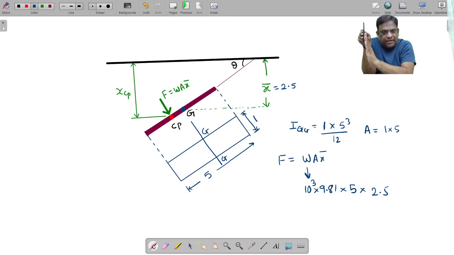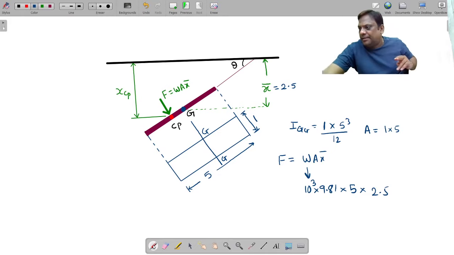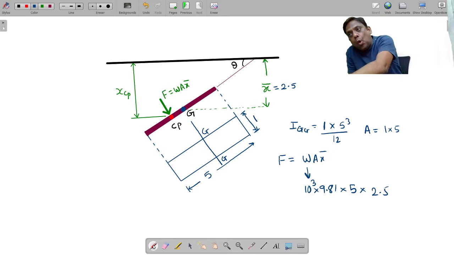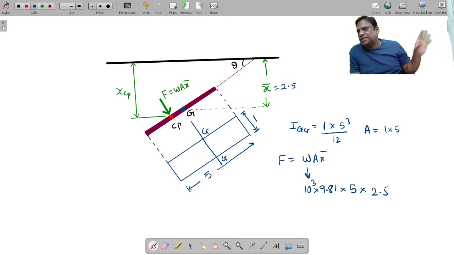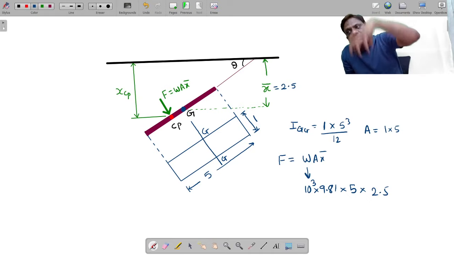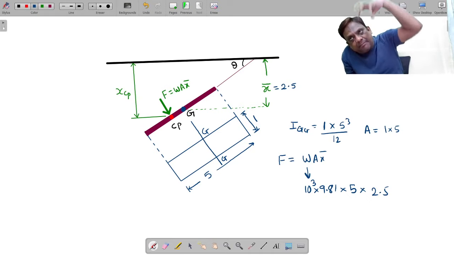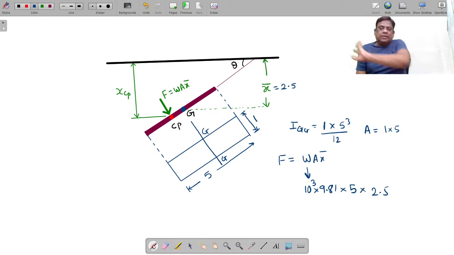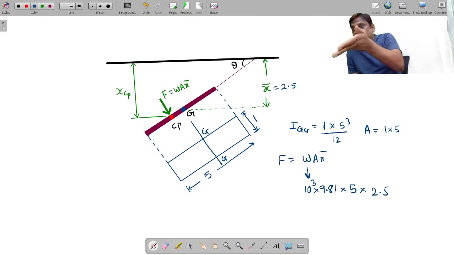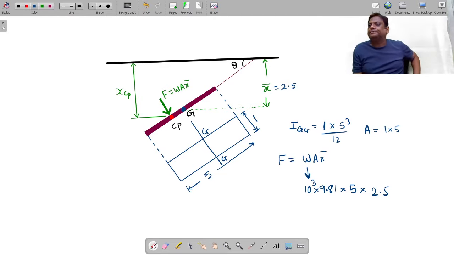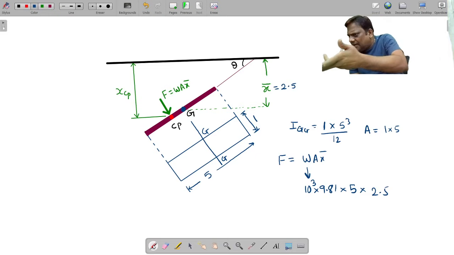Please note down carefully: we take only that portion which is below the surface, not above, not the complete body. The force is coming only on the body which is submerged. Anyway, I will be taking up that case in numericals. Clear, Mr. Srinath?